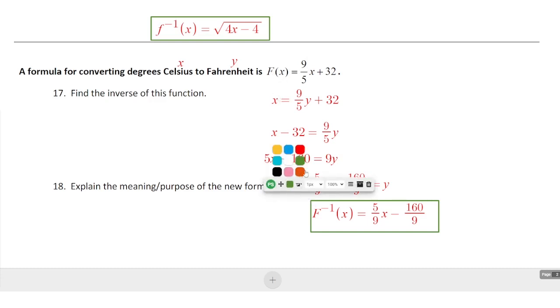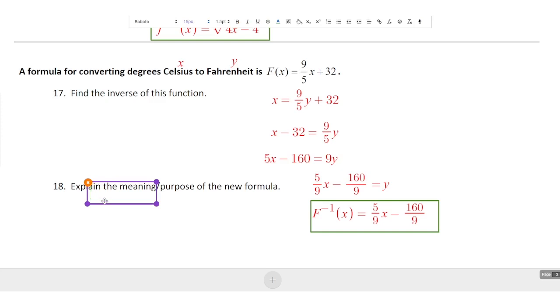Once we swap those 2 variables, we switch the domain and range. Now our inputs are Fahrenheit and our outputs are Celsius. So basically, we're creating the reverse conversion formula, where the original one was converting from Celsius to Fahrenheit.